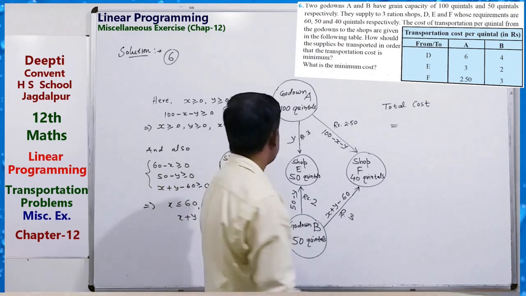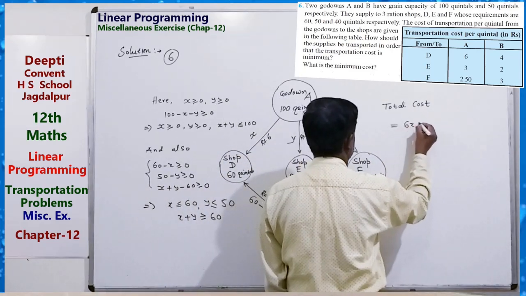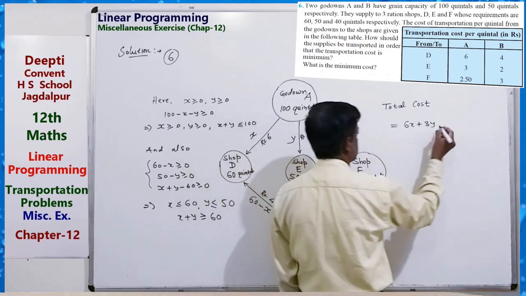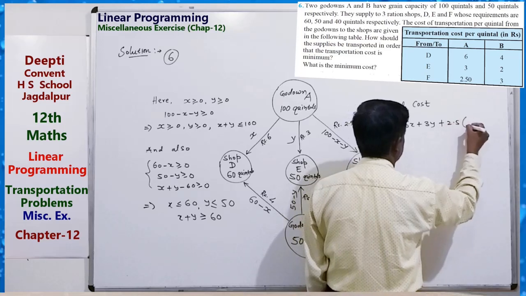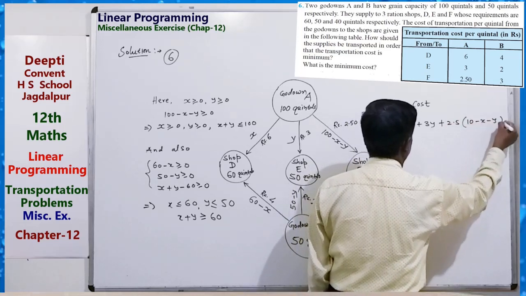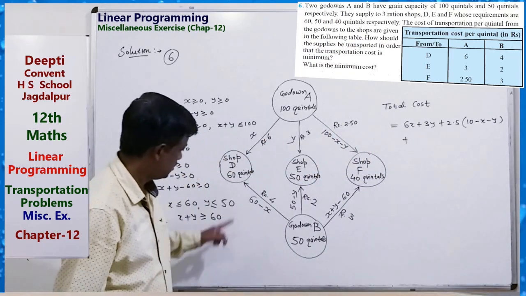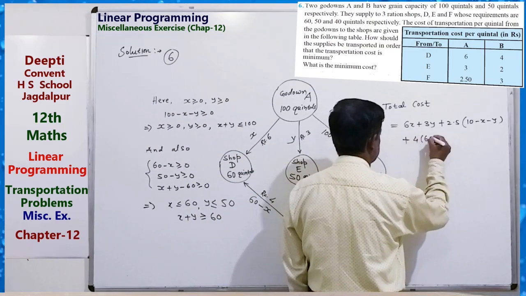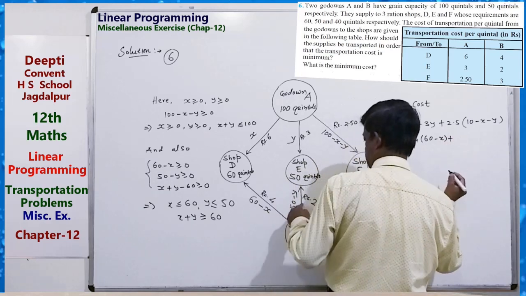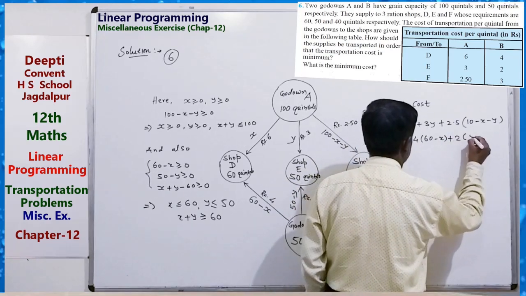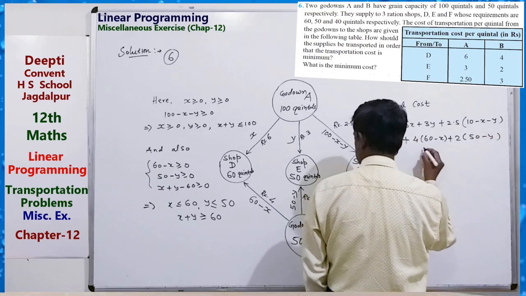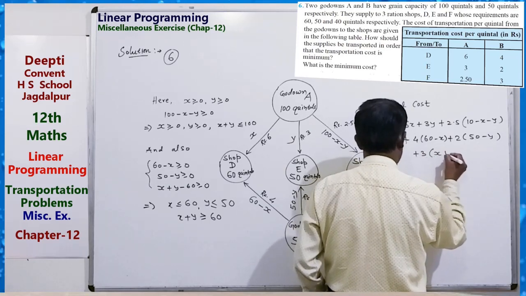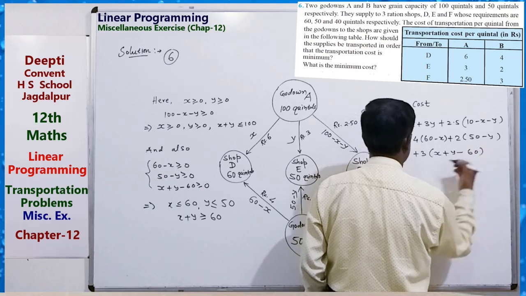So X into 6, that is 6X, plus 3Y, plus 2.5 into (100 minus X minus Y), plus 4 into (60 minus X), plus 2 into (50 minus Y), plus 3 into (X plus Y minus 60).